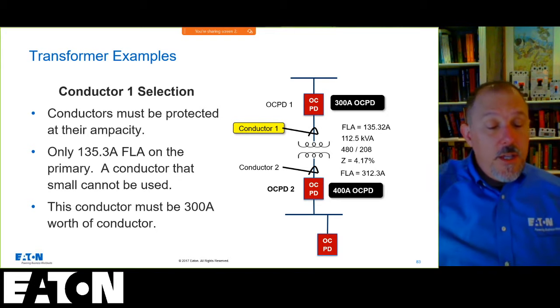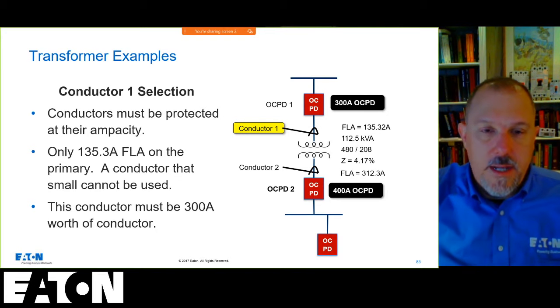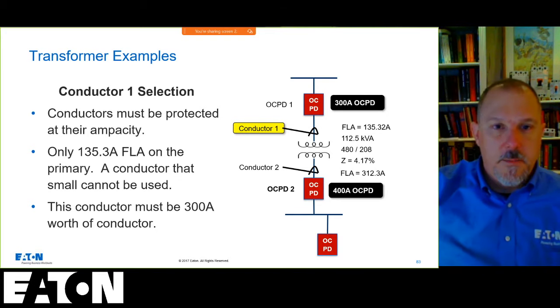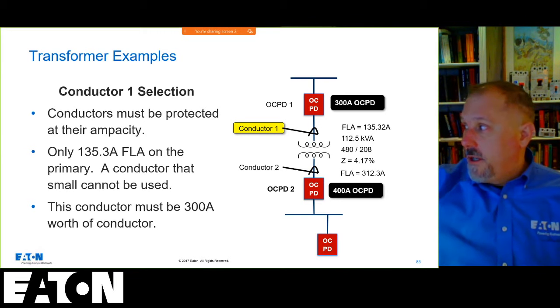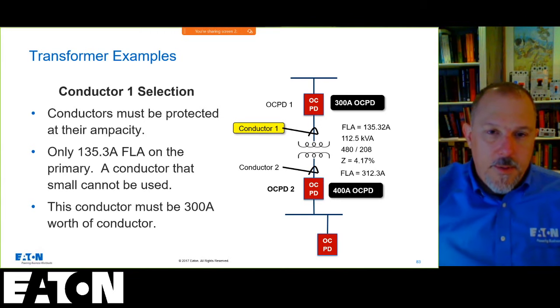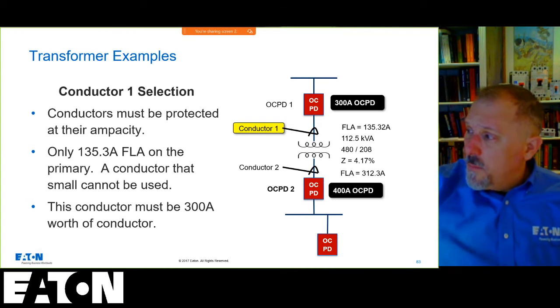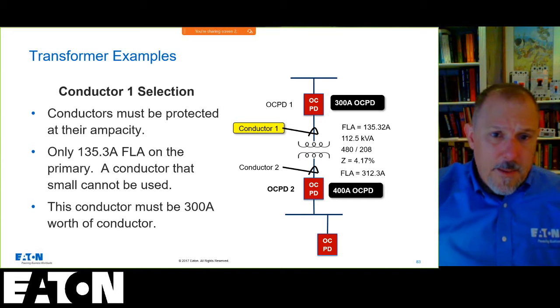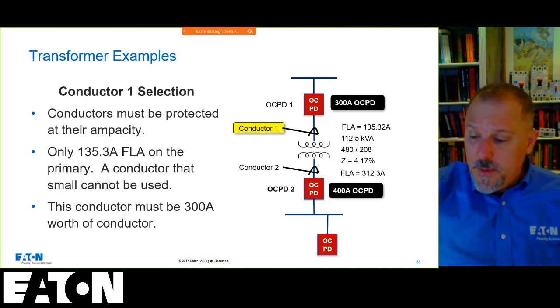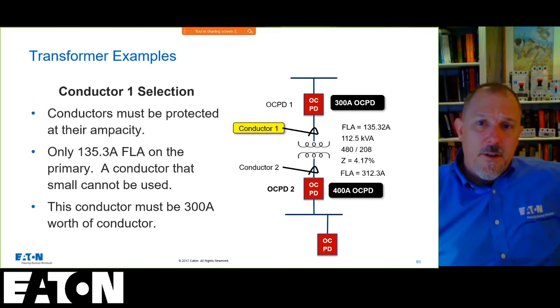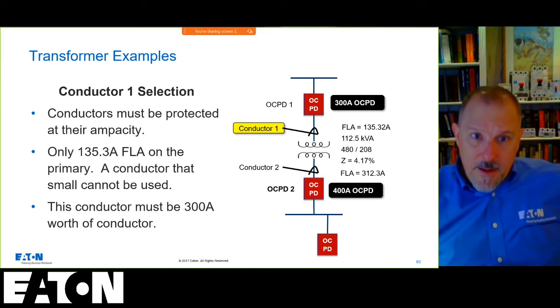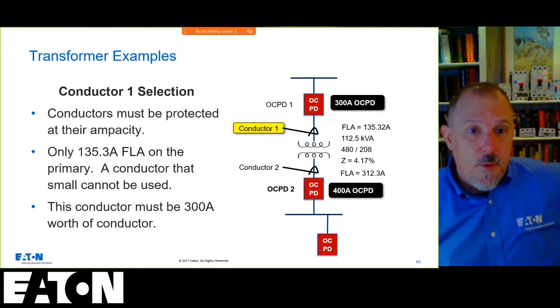We've sized the panel board that's downstream by picking the overcurrent device that's going to supply it. I could put a larger panel board on a 400 amp circuit, but I wouldn't do that. I would put a 400 amp panel board. I got a 400 amp breaker. I have a 300 amp primary overcurrent device.